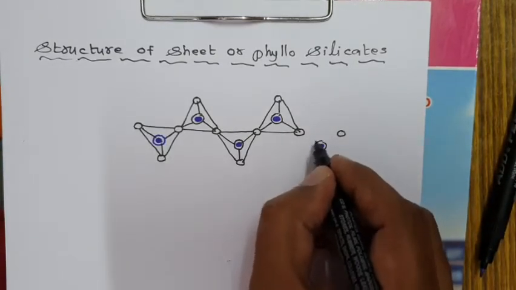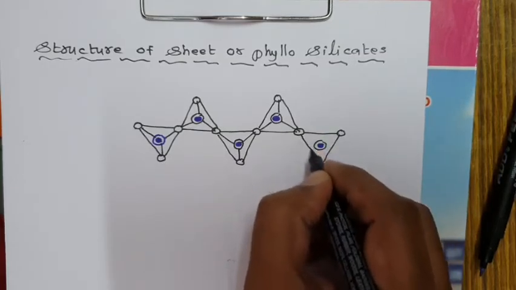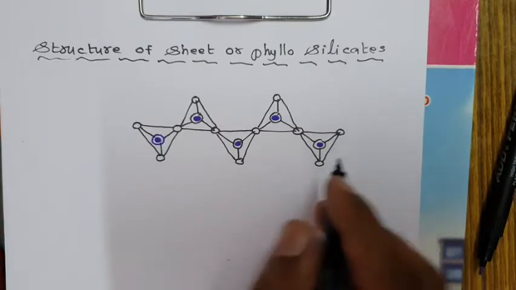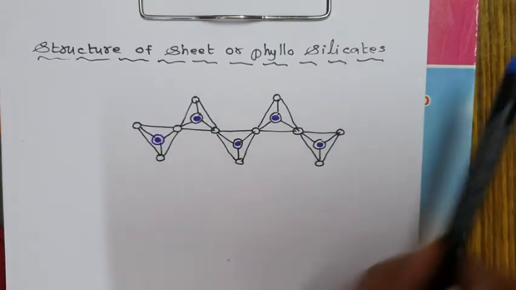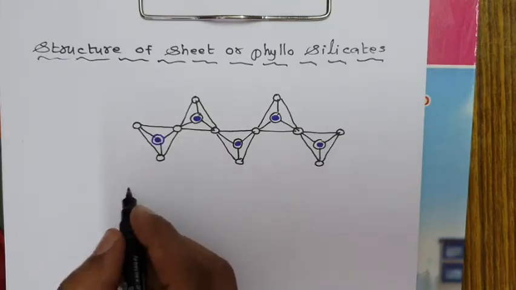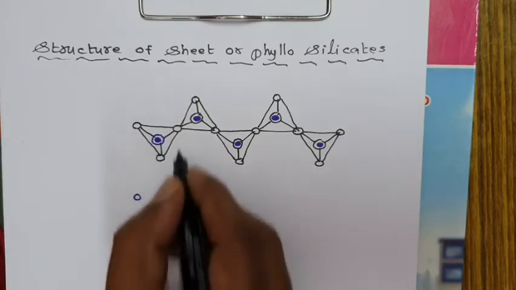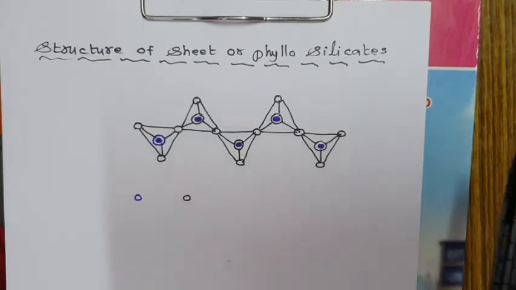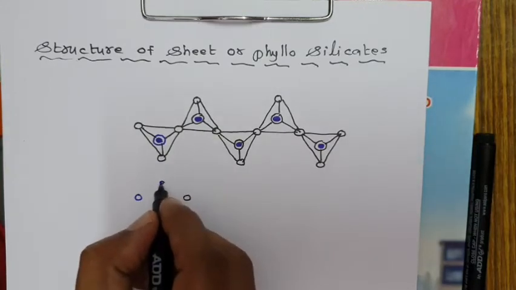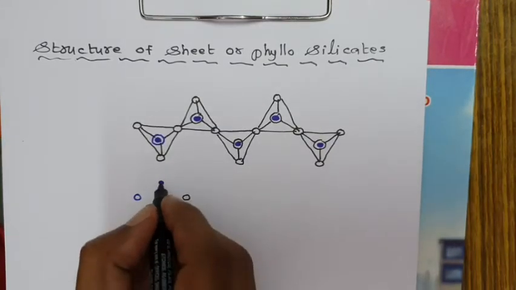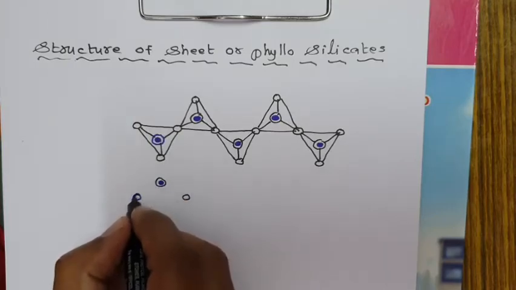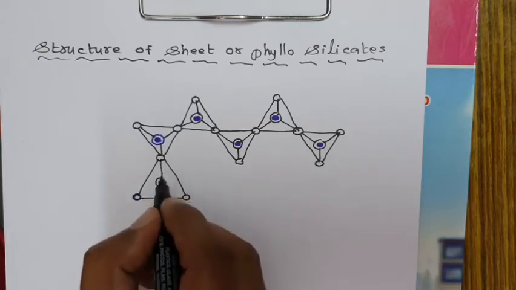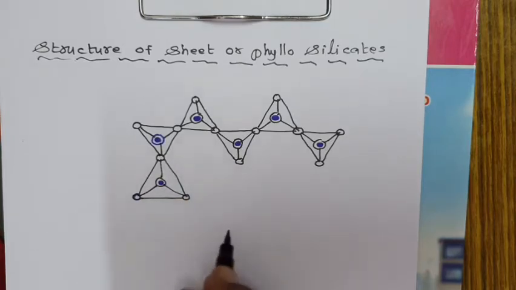We are drawing the structure of sheet or pyrosilicate. Now reverse of it: here you have one oxygen, here one oxygen, at the center one silicon surrounded by oxygen. All 4 oxygen atoms are joined with the center silicon.